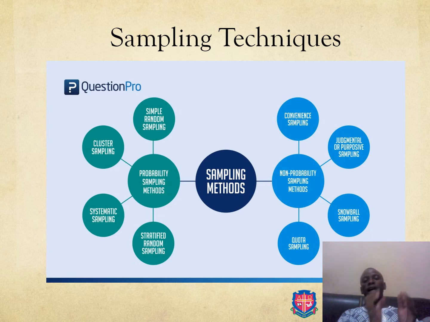We want each of those groups to be represented, and in a fair way. Each group will be represented based on how big it is, based on its contribution to the entire population.